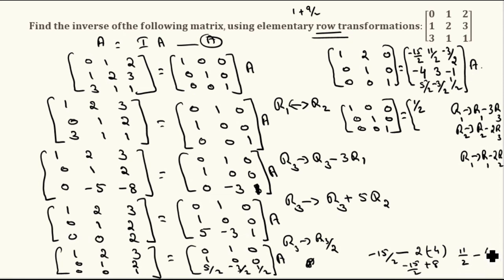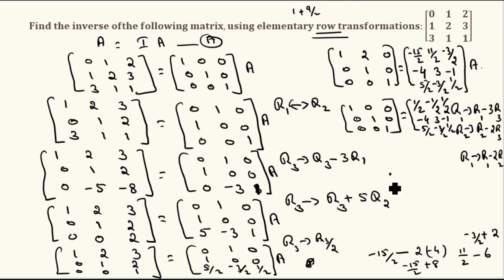So 11 minus 12, so minus 1 by 2. Then minus 3 by 2 minus 2 times R2, so plus 2. So 4 minus 3, 1 by 2. So the other term is not changed. Minus 4, 3 minus 4. 5 by 2 minus 3 by 2, 1 by 2.